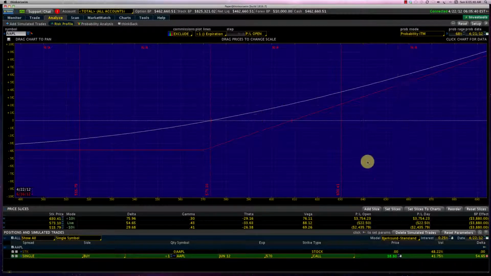So if your investment was $3,880, a $1,000 profit is approximately 25% of your investment. So that's 25% return in 1 to 2 days if Apple ends up making a move like that. So that's a great return.